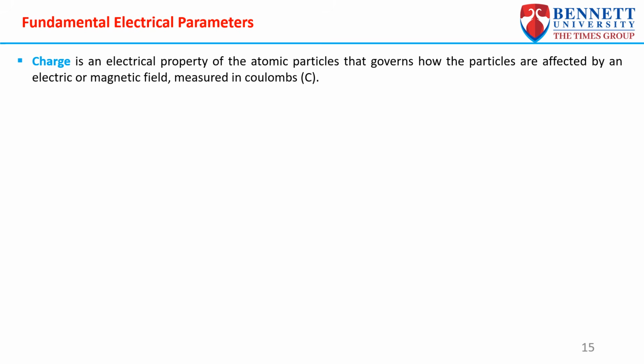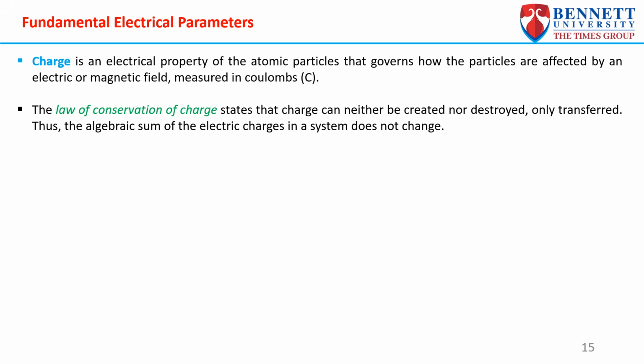Now I'm starting with basic electrical parameters, and the first parameter is charge. Charge is an electrical property of atomic particles that governs how the particles are affected when you apply some magnetic or electric field. We measure charge in coulombs.